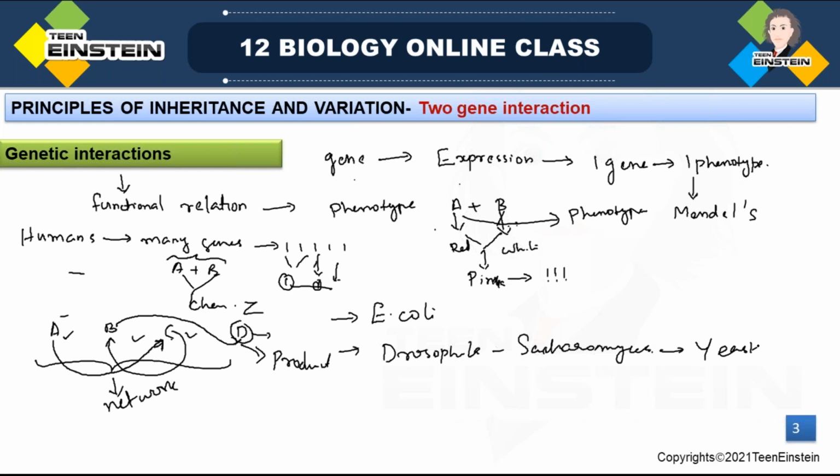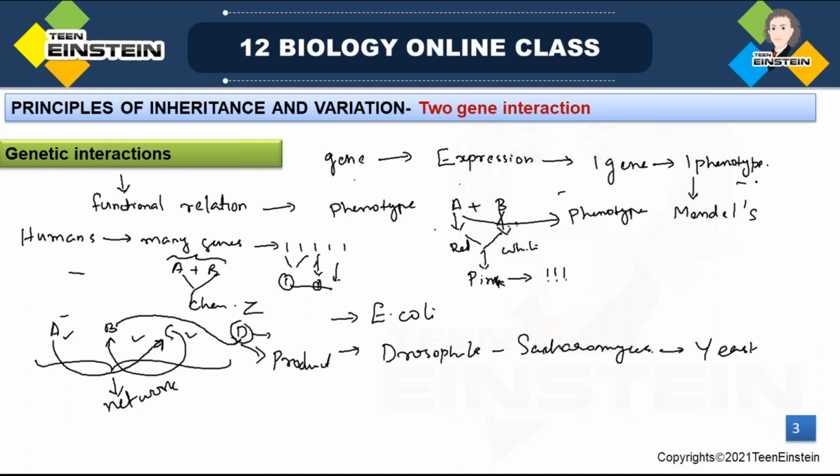So all these genetic interaction studies were mainly conducted in these organisms. Mendel and other workers assumed that these characters are governed by a single gene. That's why we said one gene, one phenotype. That was the concept earlier, during Mendel's period.